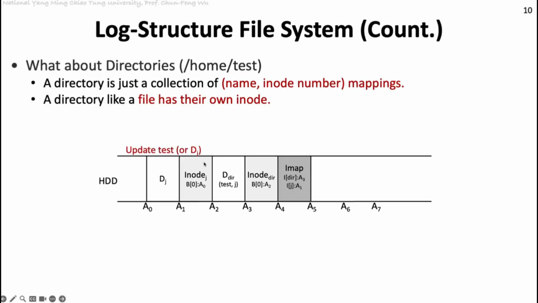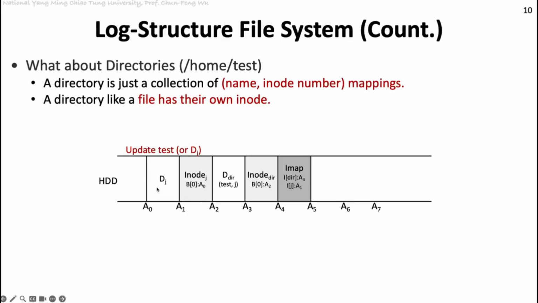But here comes an issue. If we are going to update test, the data here is DJ. After updating, we need to move DJ to a new place, because DJ may become larger, so we cannot update the data in place.